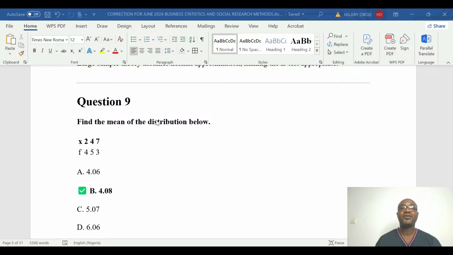So you use the figures in X to multiply the figures in F, just as shown on the slide.